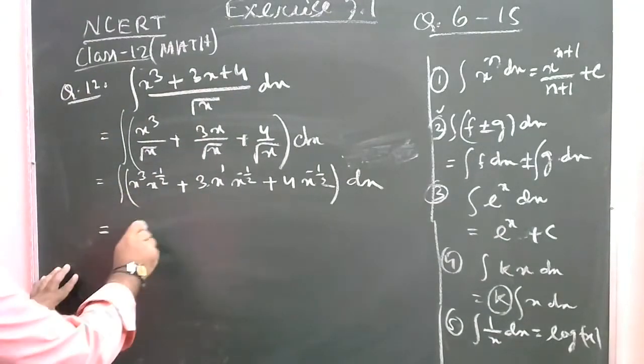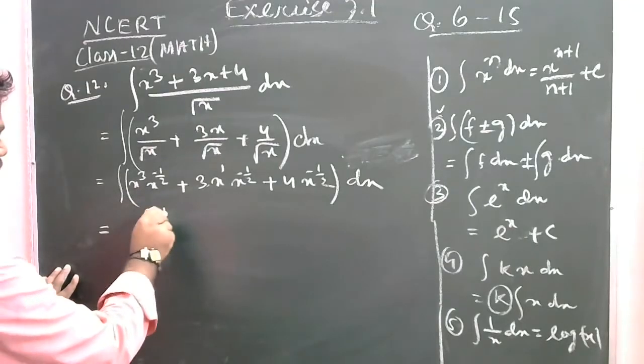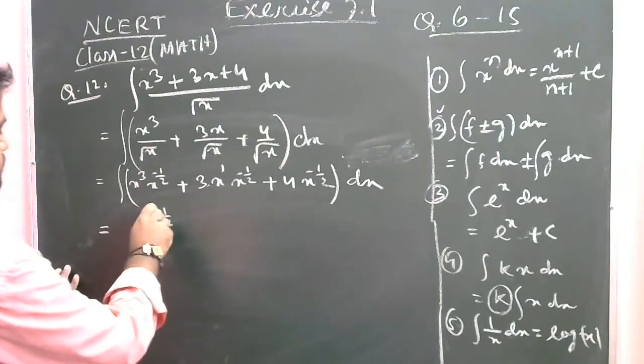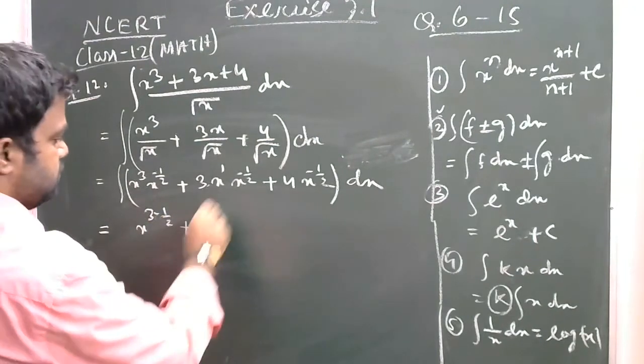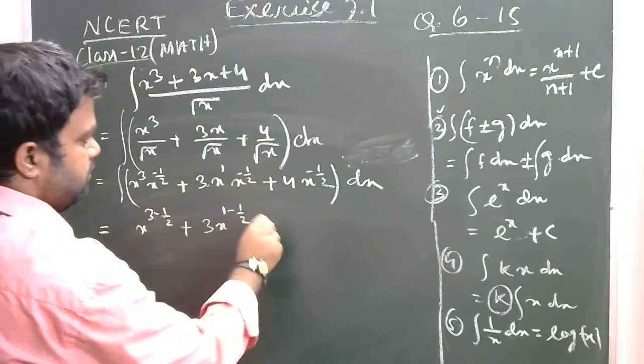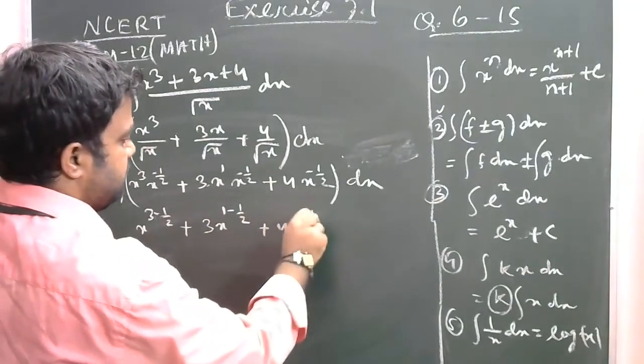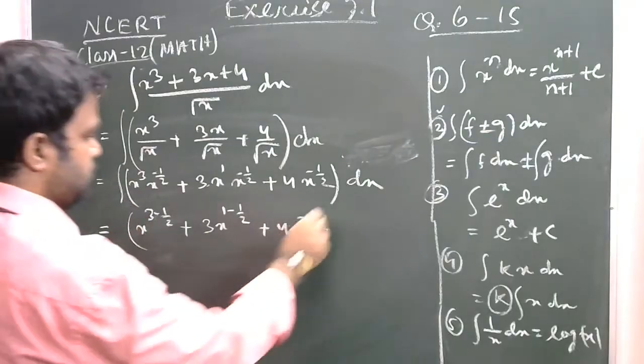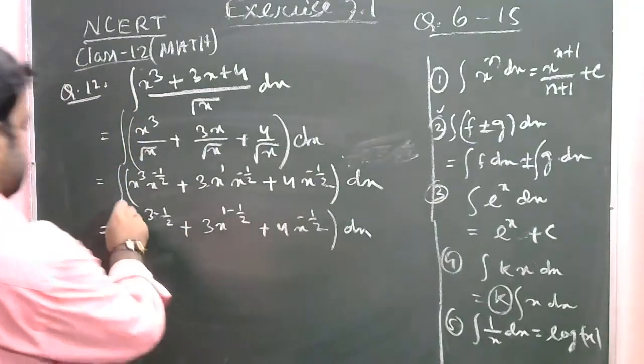So this is x to the power 3 minus half, plus 3 x to the power 1 minus half, plus 4 x to the power minus half, dx.